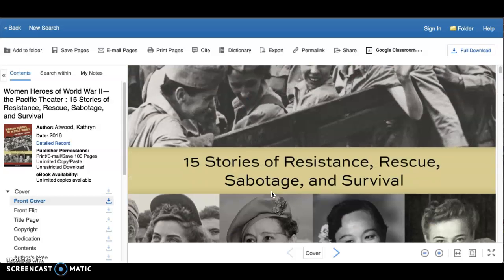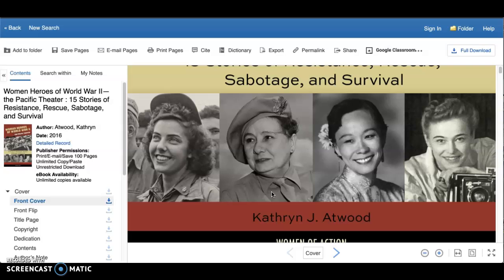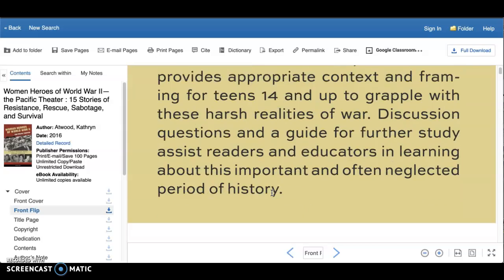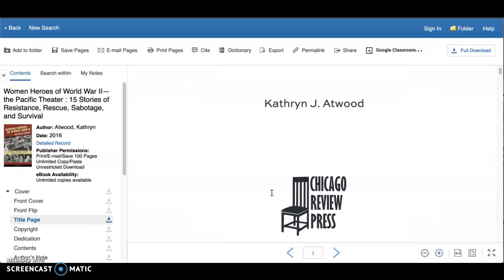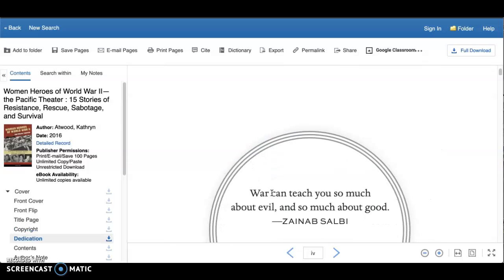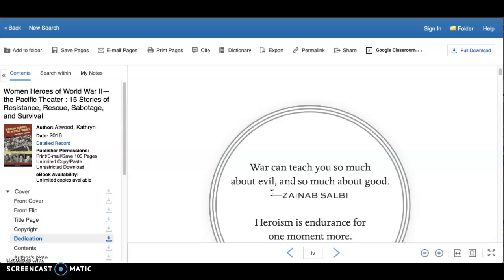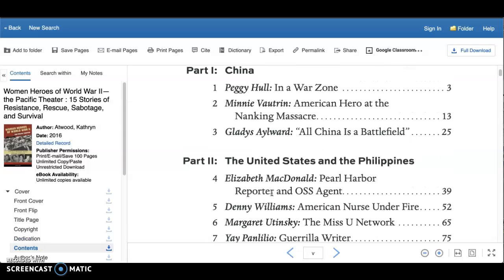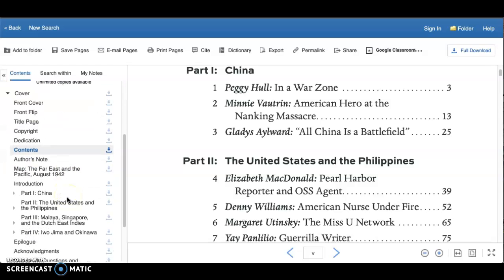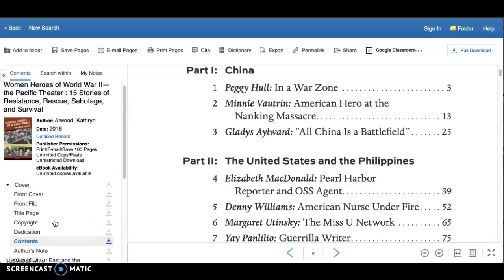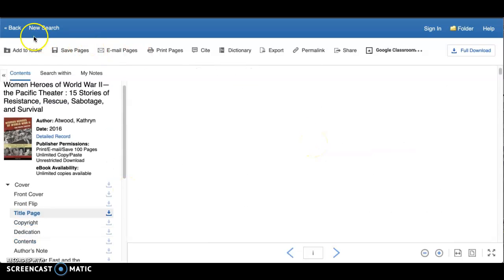And look, there it is. And so there's your book, and you have the table of contents on this side. So that's how you find books.